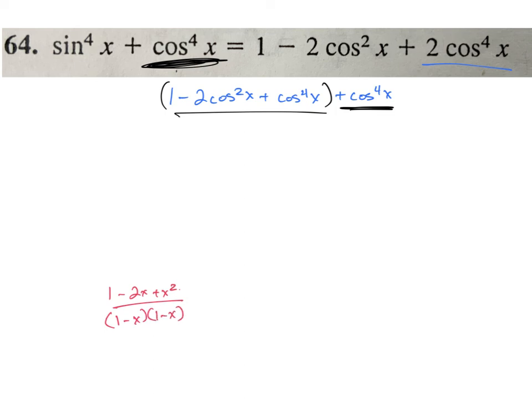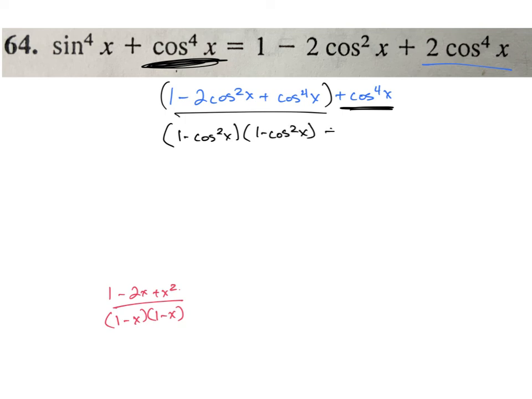So what would this factor to then? 1 minus cosine squared x, and then 1 minus cosine squared x.